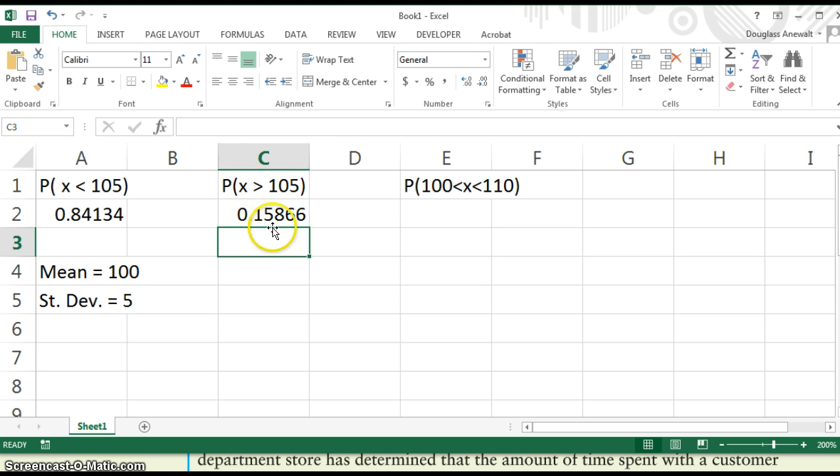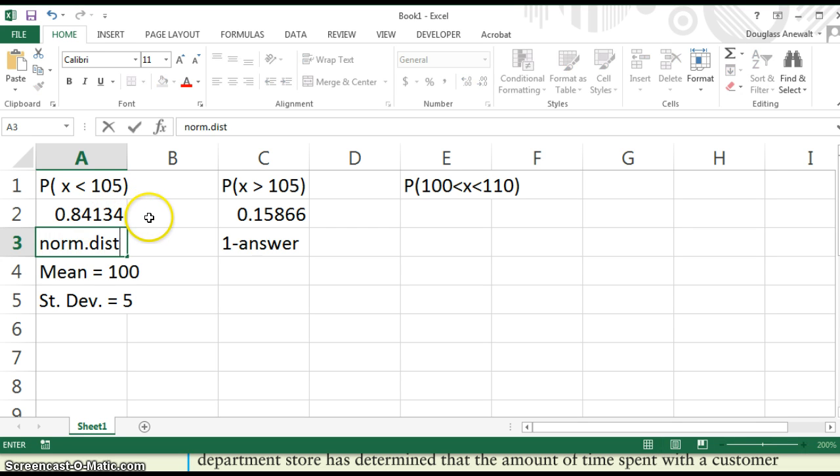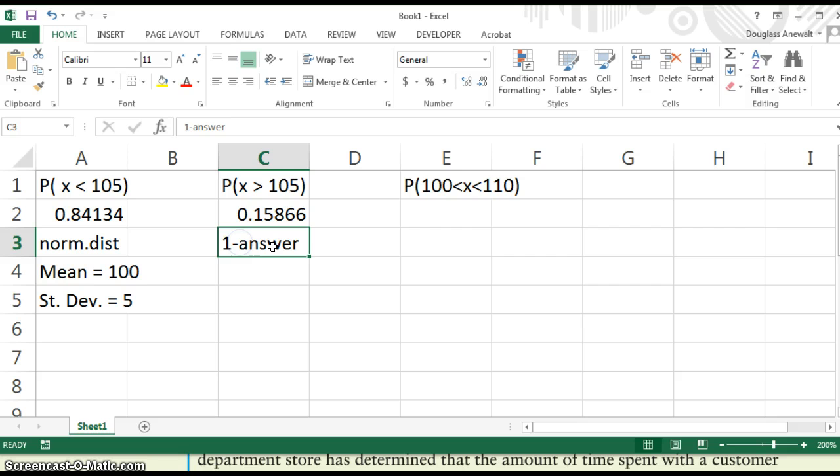So subtract that from 1 and you get 0.15866. So these 2 numbers add up to 100% because you're either less than 105 or you're greater. So for any greater than, you're just going to do 1 minus your answer, because just using normal distribution gives you the probability of being less than.